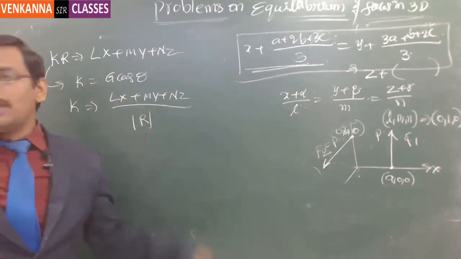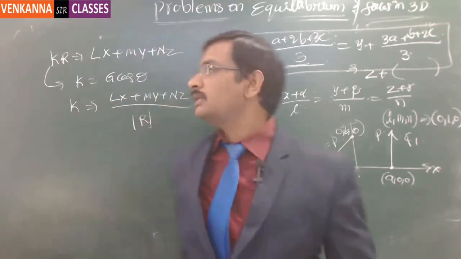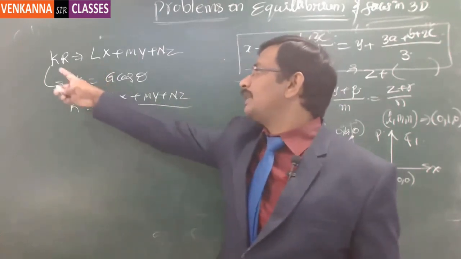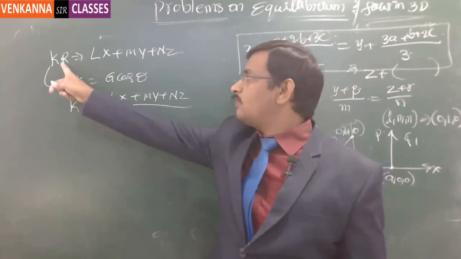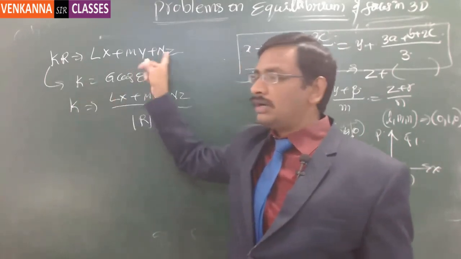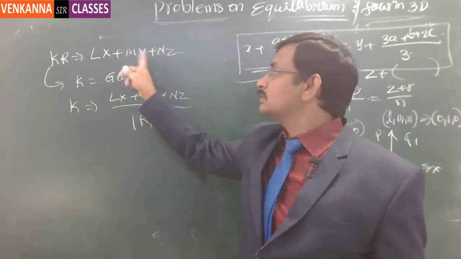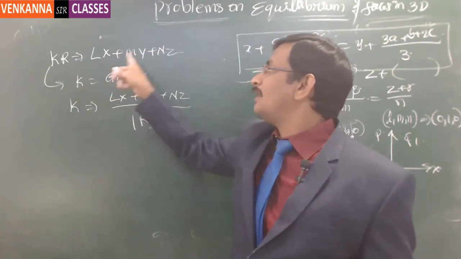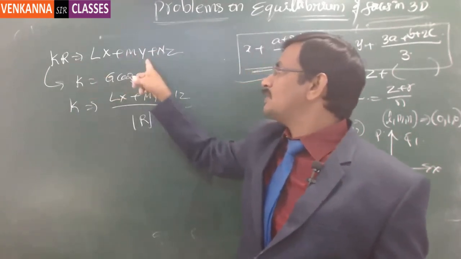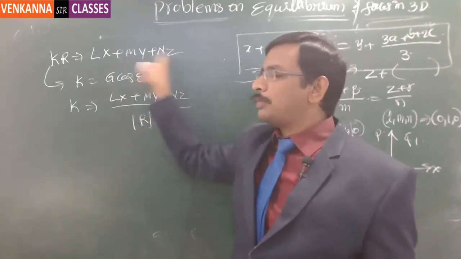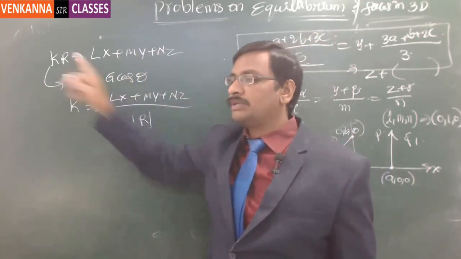So when we calculated the pitch of the wrench, we used this relation, K R is equal to L x plus M y plus N z. I explained why this K R is nothing but the dot product of these two vectors. K is L i plus M j plus N k and R is x i plus y j plus z k. The dot product comes out to be the direct multiplication of the values.